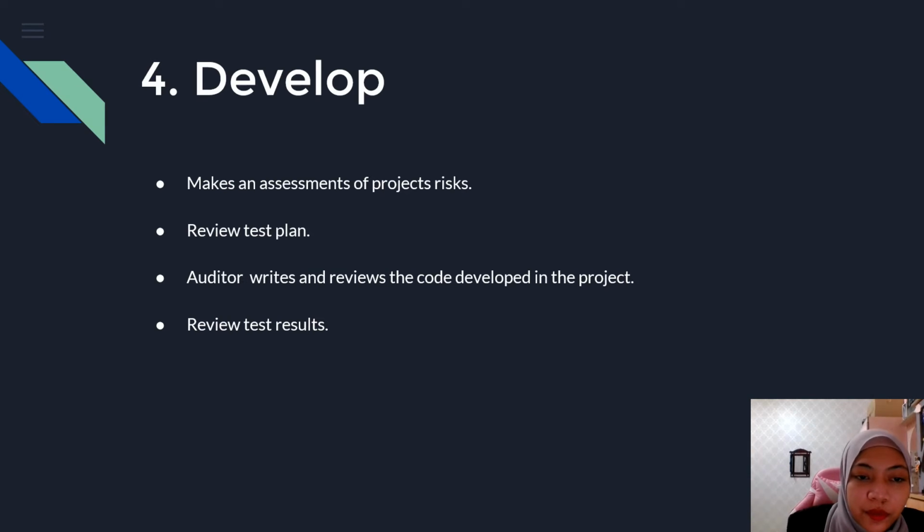The auditor will also review the test results, and the review of the results will show the procedure used for the recording and the check of accuracy in resolving errors of the audited document.